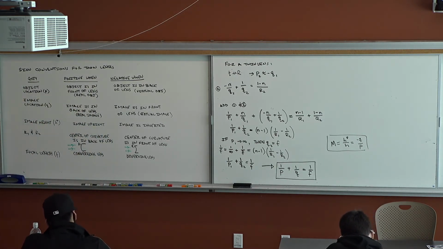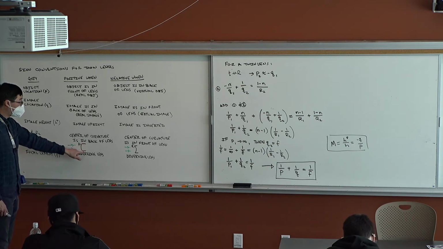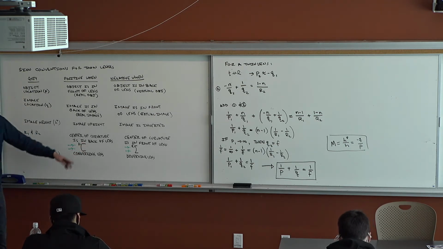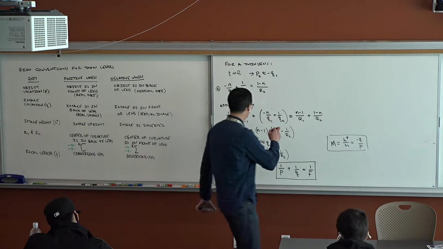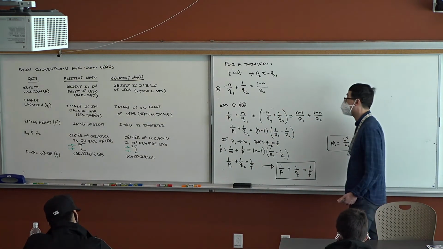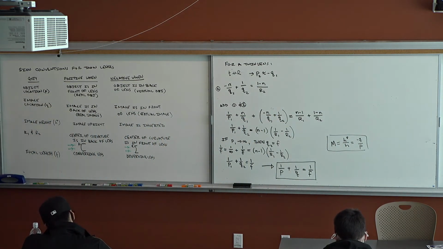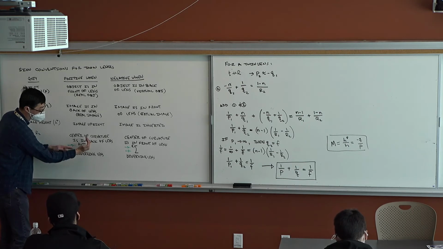What about R2? So here, if I curved it this way, then that's why this wound up being negative, right? Because the radius of curvature depends on how this is curved.